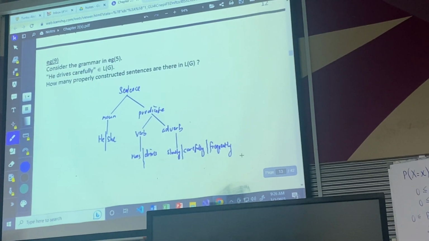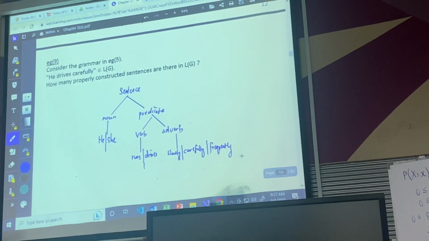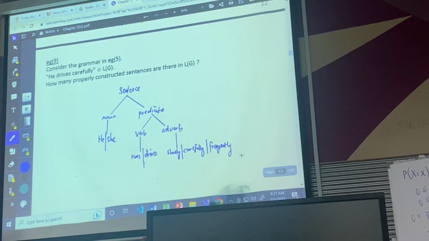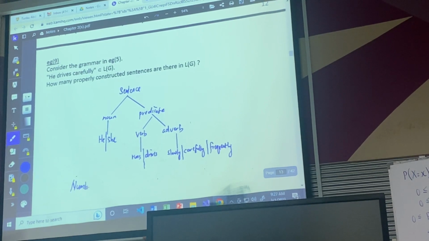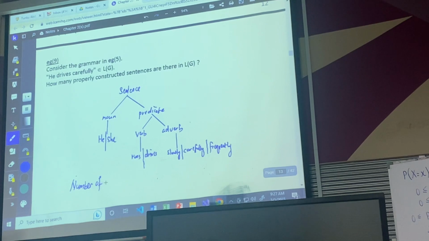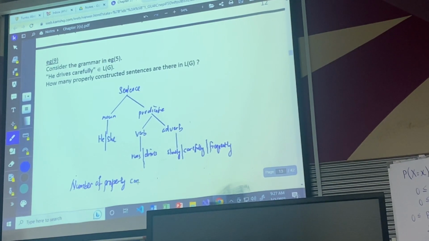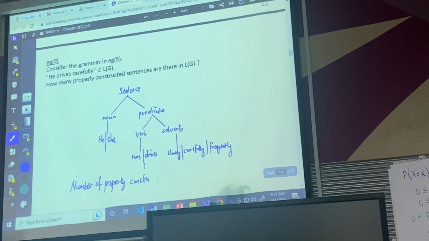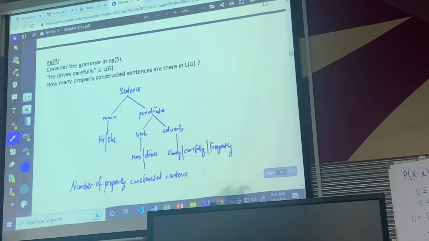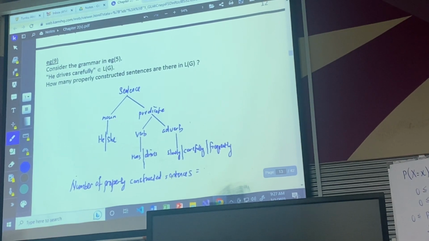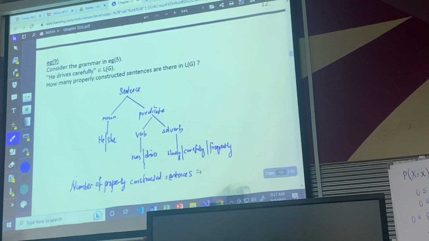So altogether, how many possible sentences can we have? Look from the tree diagram, it will be easier, right? Give me the answer. How many? 12.